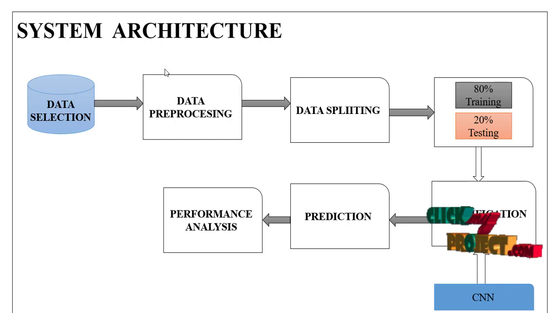Label encoding is used for the conversion of the string to the integer values, and then data splitting, where you have to split the data into two categories: one is the training and one is the testing, 80% for training and 20% for testing. And then classification, here we use the deep learning classifier CNN, and then prediction, and then performance analysis.